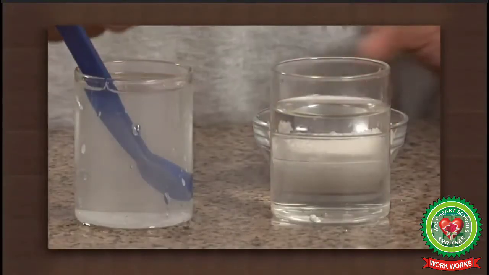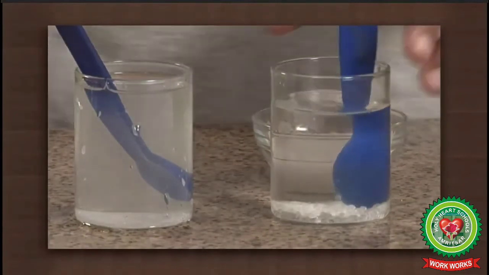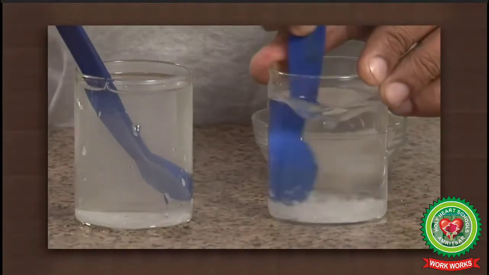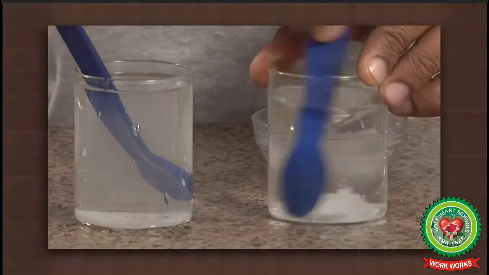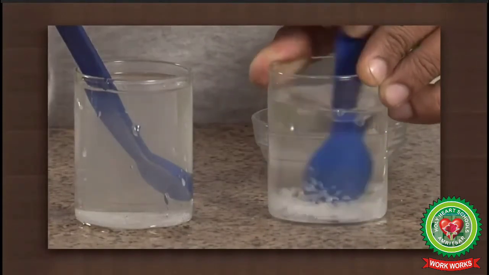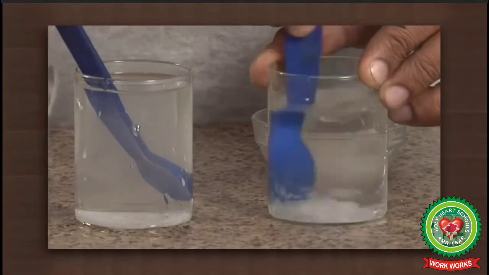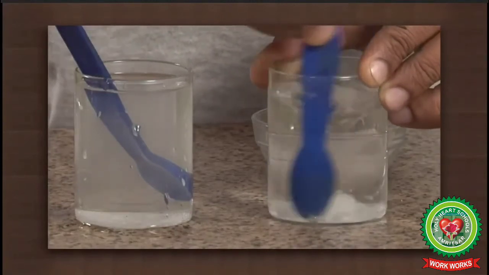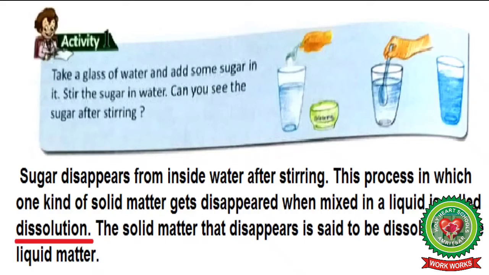Take a glass of water and add some sugar in it. Stir the sugar in water. Can you see the sugar after stirring? Students, sugar disappears inside water after stirring. The process in which one kind of solid matter disappears when mixed in liquid is called dissolution.